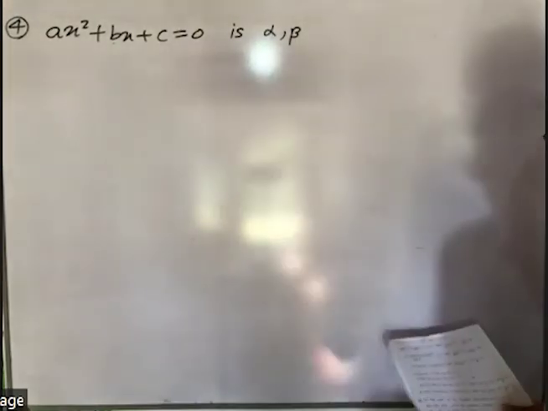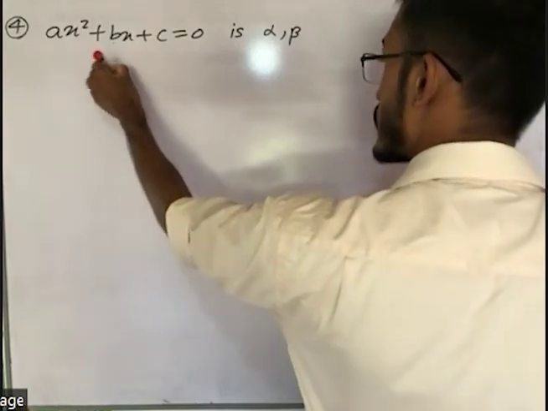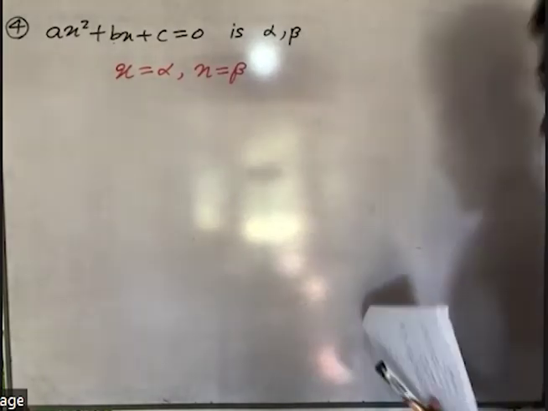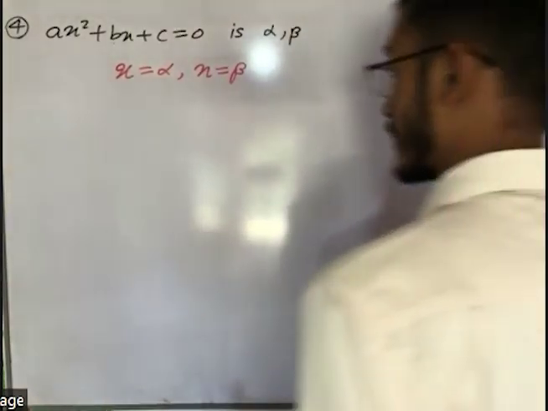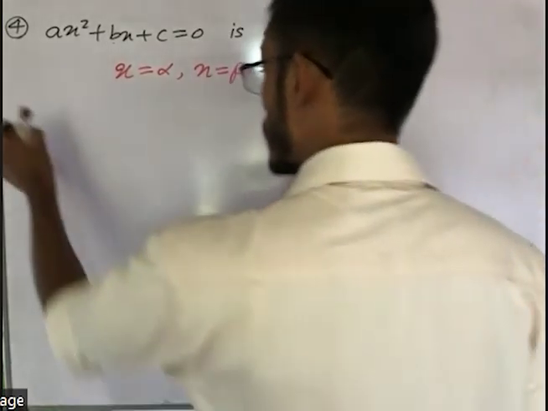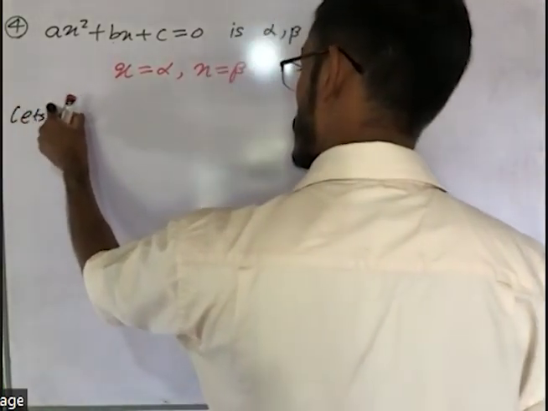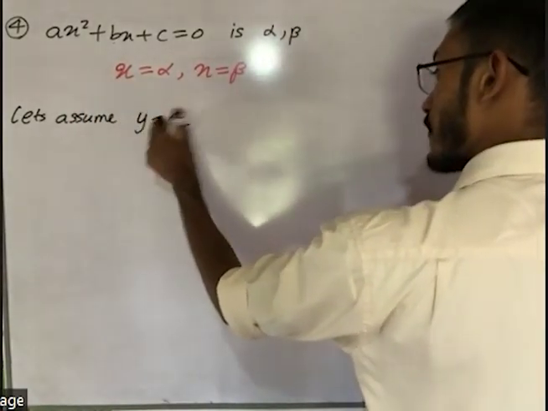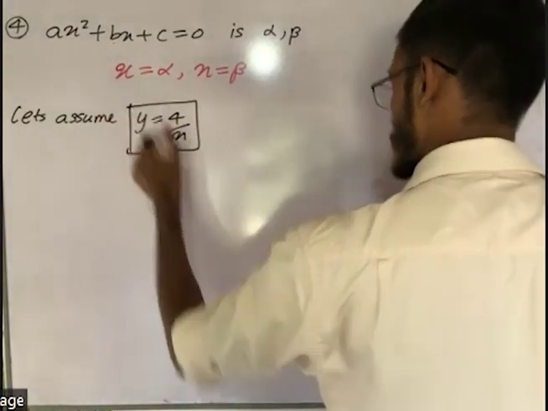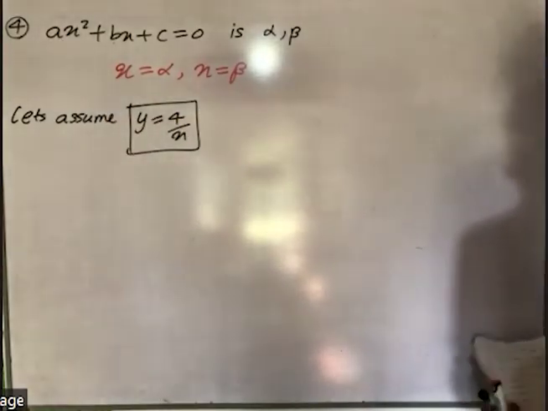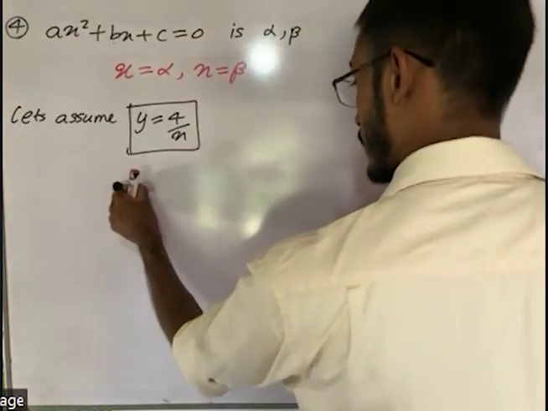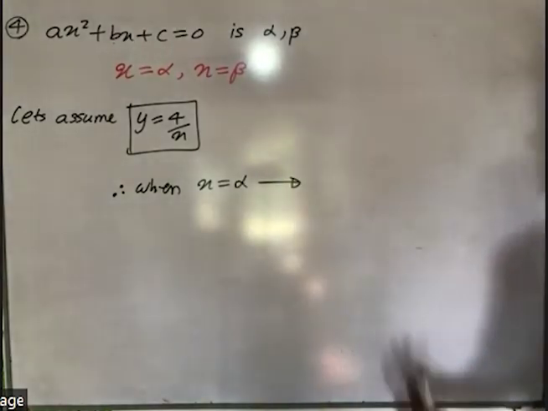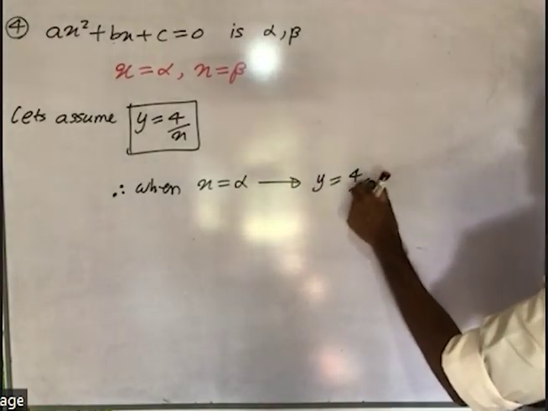So here roots are given. Roots are x equal to alpha comma x equal to beta, right? So here also I'm going to assume the y value. So let's assume y equal to 4 over x. Therefore when x equal to alpha, we can write down the y value, y equal to 4 over alpha.